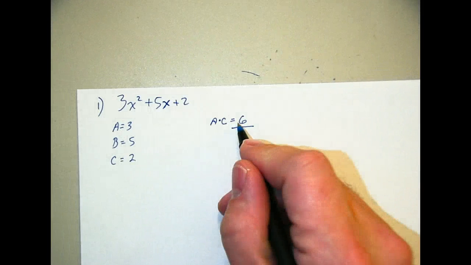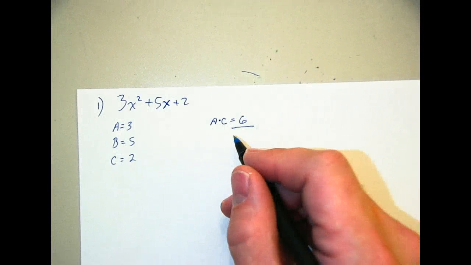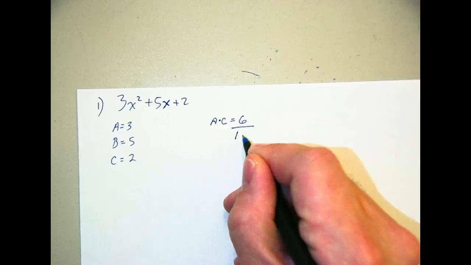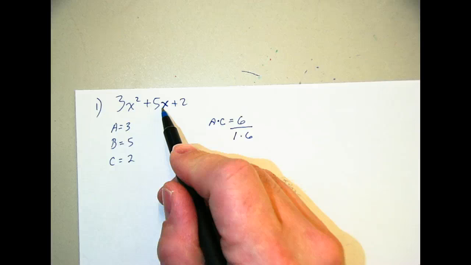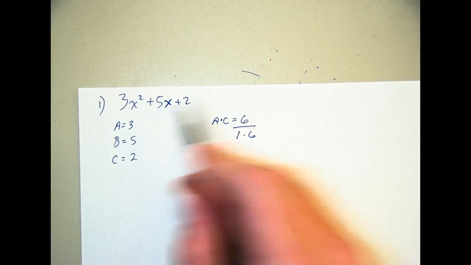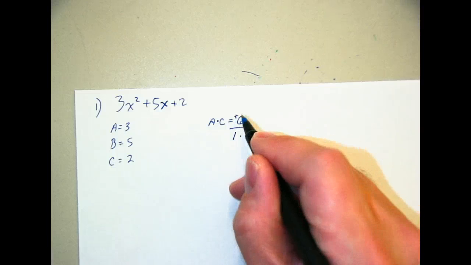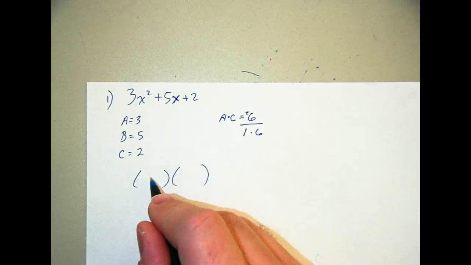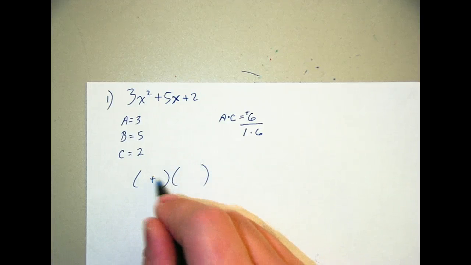So what's 1 times what? 6. Does that add to 5? Doesn't add to 5. It's a positive, right? So I'm adding. My parenthesis sets are going to be positive, positive. So we know we're adding.